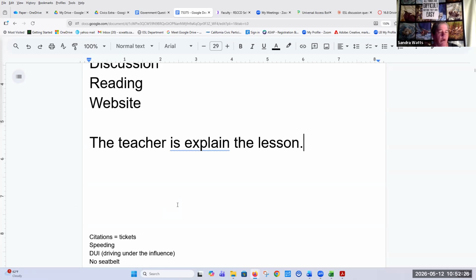Yeah, Google's telling me what's wrong, but I don't want it to. Yeah, I know. That's the problem with Google, it's just going to tell you what's wrong. The teacher, yeah, no using Google for this. Okay, use your brains. So the teacher is explain the lesson. What's the problem? Explain. Explaining. Right? So you would type the sentence and say, there you go.